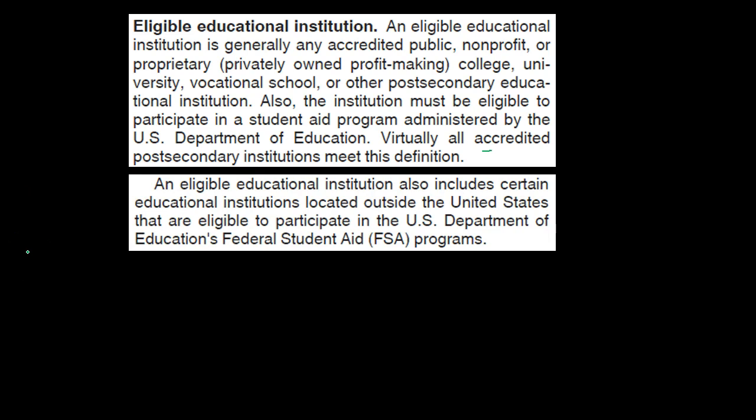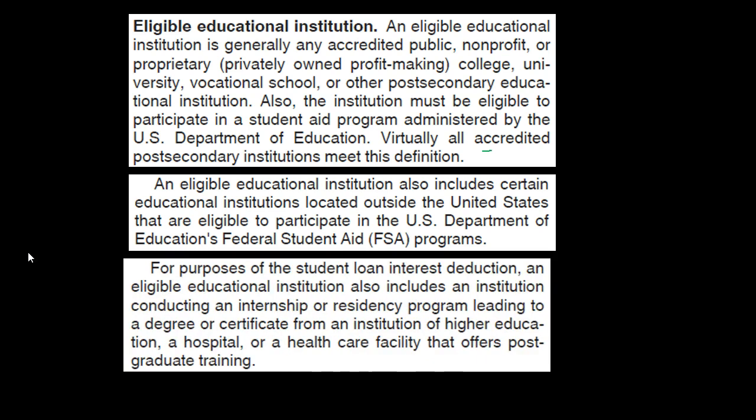Back to the text. An eligible educational institution also includes certain educational institutions located outside the United States that are eligible to participate in the U.S. Department of Education's Federal Student Aid, FSA, programs.